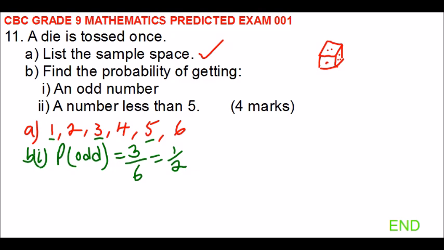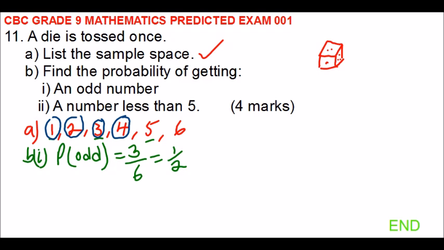Probability of getting a number less than 5. How many numbers are there less than 5? We have 1 is less than 5, 2, 3, and 4. So there are 4 numbers.